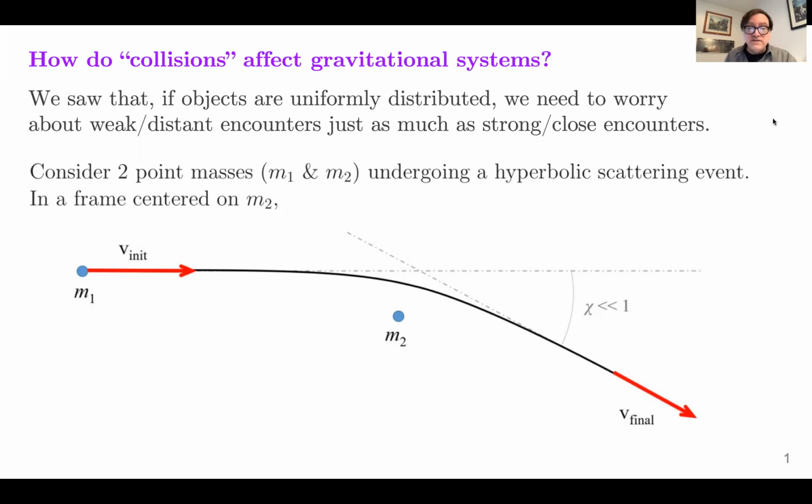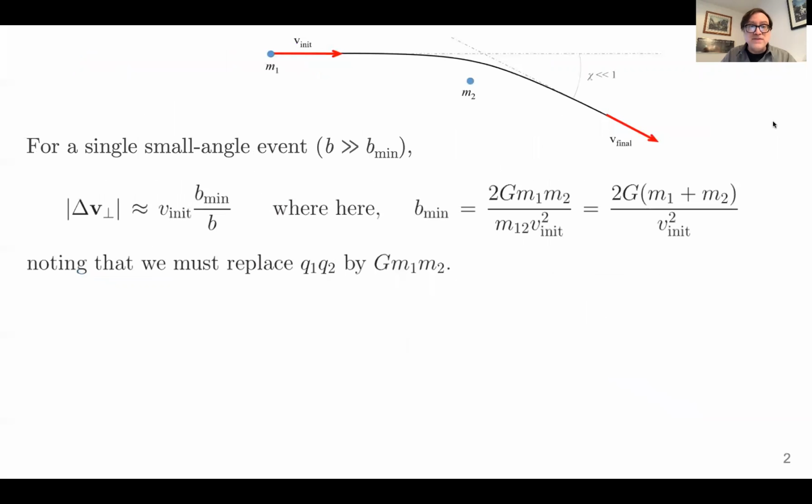The setup of the individual hyperbolic deflection event is pretty much exactly the same as it was in a plasma. In this video, we're going to stick again with just the small angle events, because we already know that if the Coulomb logarithm is large, the small angle events will be more important in the aggregate than the large angle, small impact parameter events.